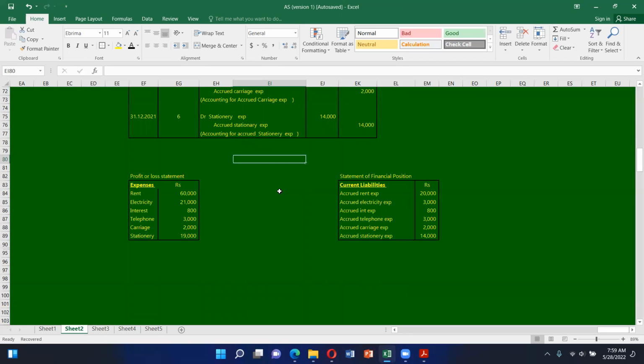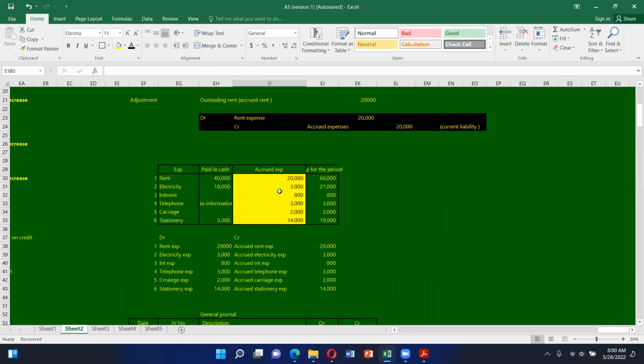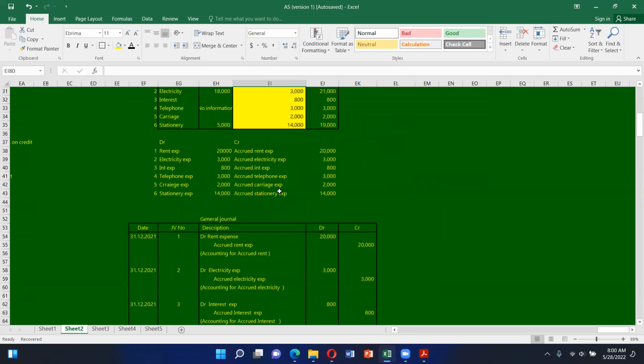The profit and loss statement එකට total ගන්න. හරිද? Total amount. An outstanding amount එක තමයි SOFP එකේ current liabilities එකට ගන්න. Is it clear everyone?